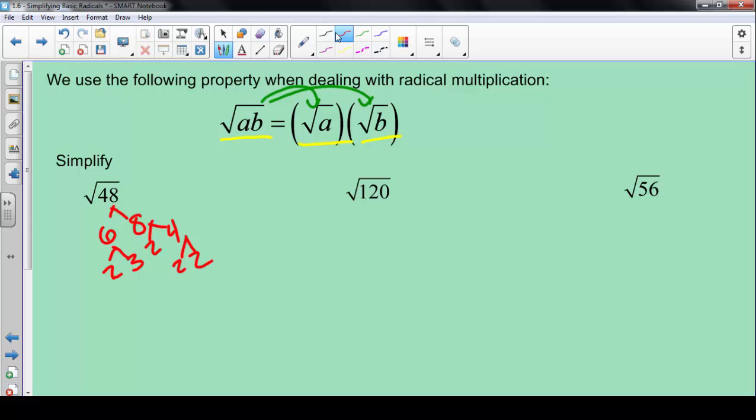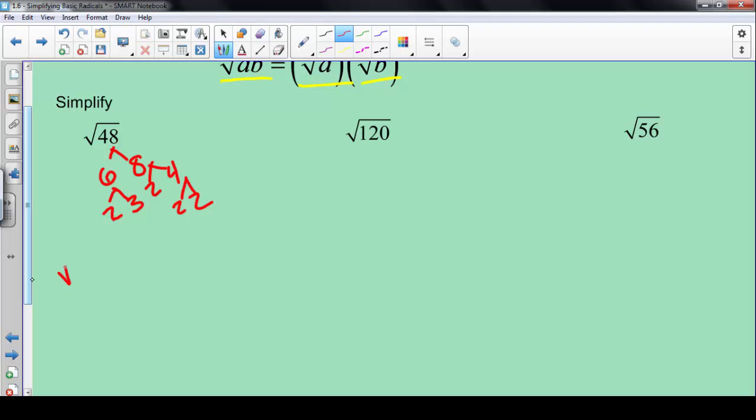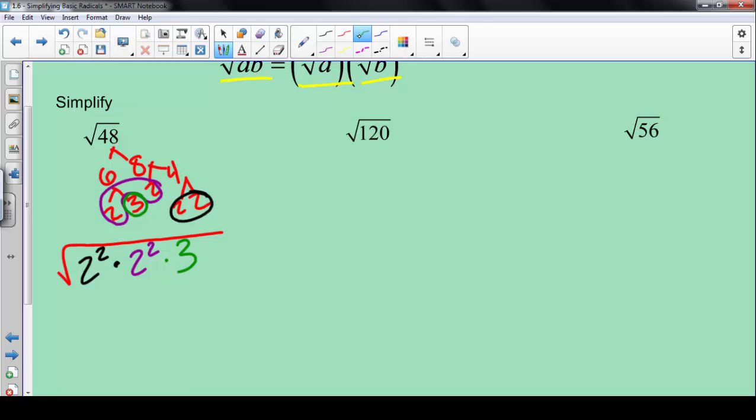And remember from the last slide, we want things in squares. So that we can rewrite this as here's a 2 squared, and here's a pair of 2 squared, and then this 3 is by itself.